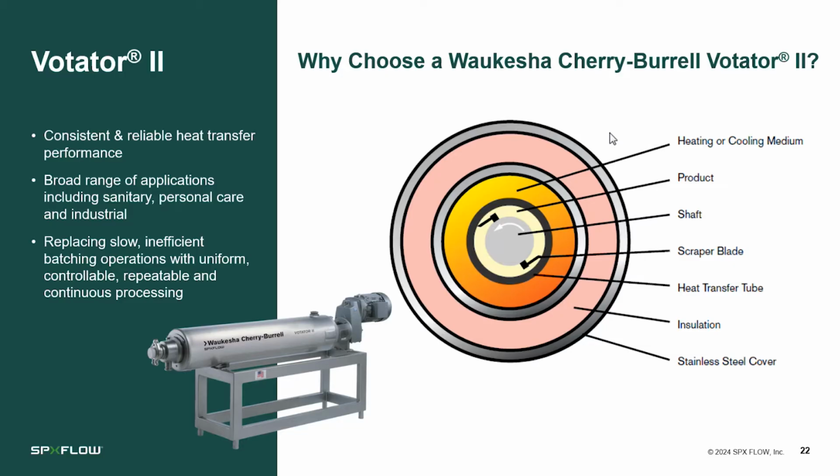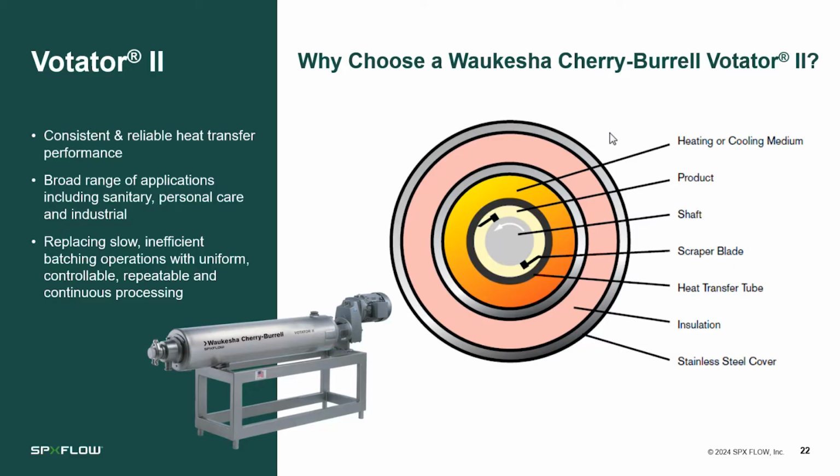And that's really important. You don't have that stagnant flow that you may have for a lot of these viscous products in a plate or tubular technology. The other thing is we have such a broad range of applications that we're capable of addressing with the scrape surface heat exchanger, whereas when you get into plate and tubular technology, that range narrows quite a bit.